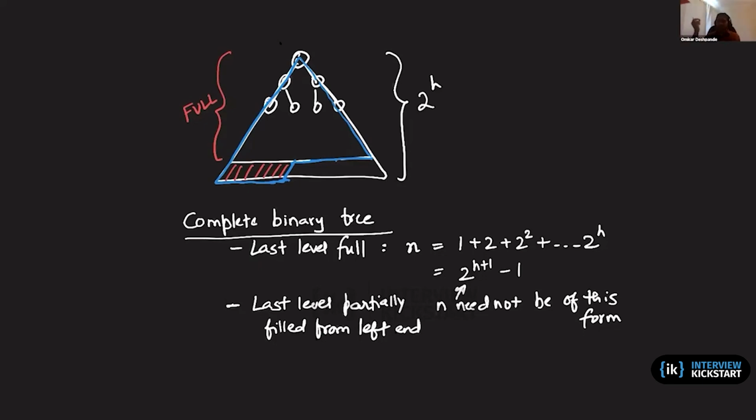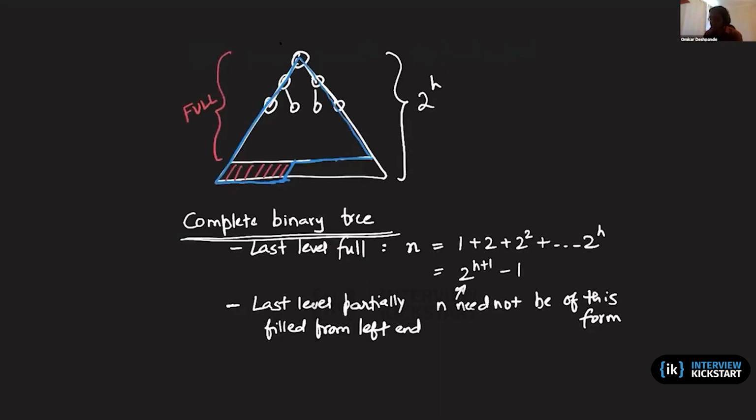The heap property was that the value in every node should be less than the value in its two children if it's a min heap, and more than the value of its two children if it's a max heap. So that was the heap property. But the structural property was that we need this kind of structure. So let's go in that direction for a moment and see what happens.